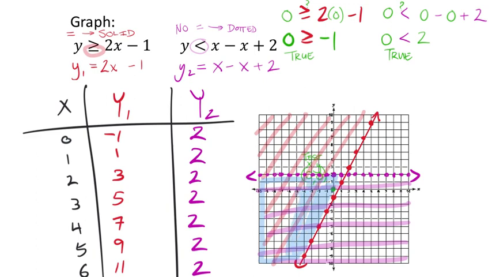I'll try to make this look pretty. It's pretty colorful, so it's already pretty, but whatever. Okay, there it is. This is the area that I need to show is where all the solutions are. Again, all these ordered pairs in this area would make both this inequality and this inequality true.